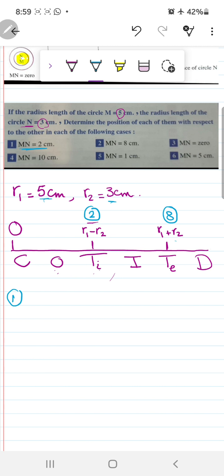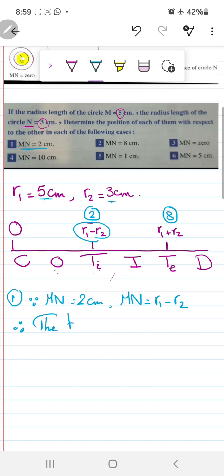Since MN equals 2 centimeters, it means MN equals R1 minus R2. So the two circles are touching internally.